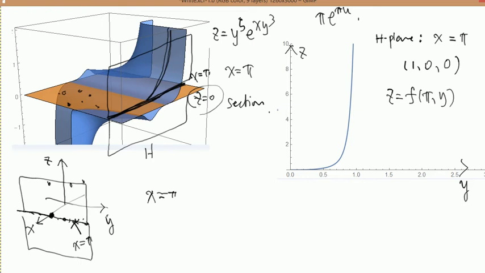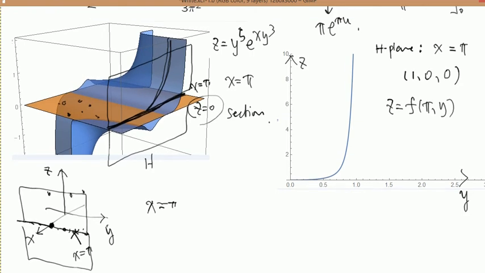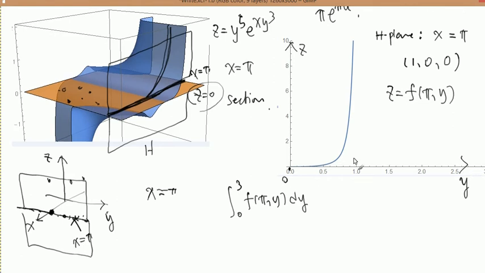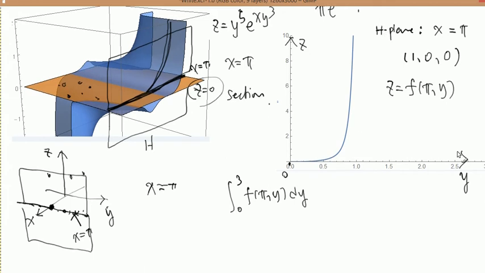Okay. So what's the meaning of that thing we just calculated there, the integral from 0 to 3 of f(pi, y) dy? It's the area underneath. Y equals 0 here, y equals 3 over there, as you can see, it grows exponentially way higher, but eventually it's bounded, right? All the way up there, somewhere in the galaxy, it's going to meet, and there's area underneath it, correct?